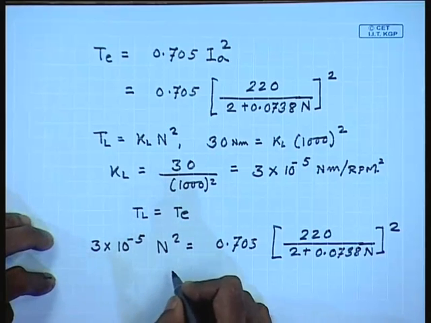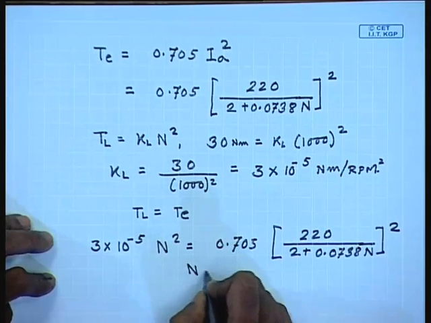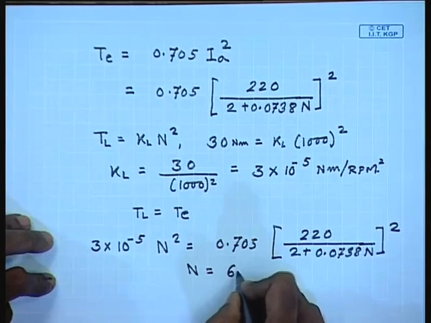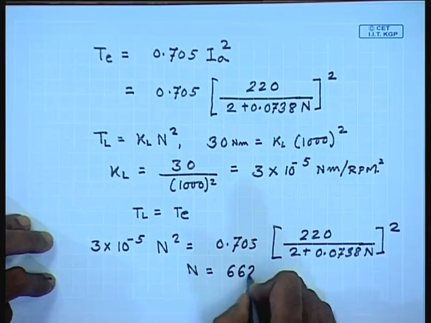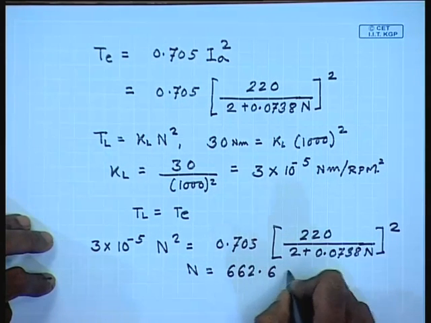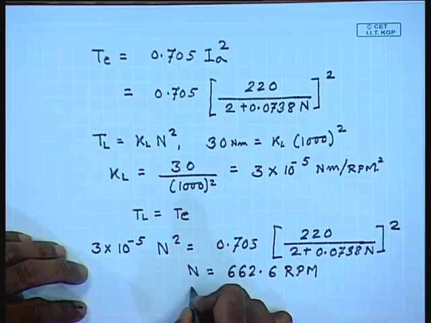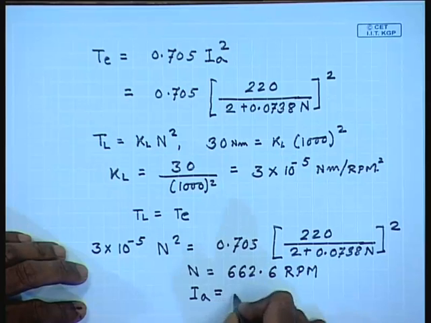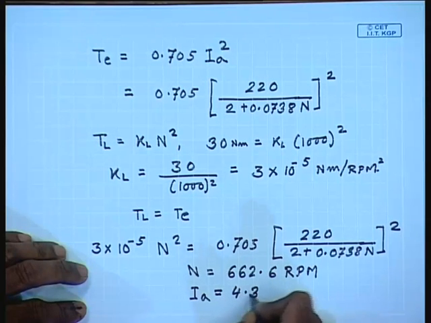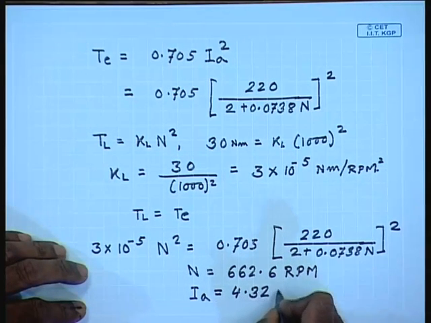Solving this, we get n equal to 662.6 RPM, and the corresponding Ia comes to 4.32 amperes.